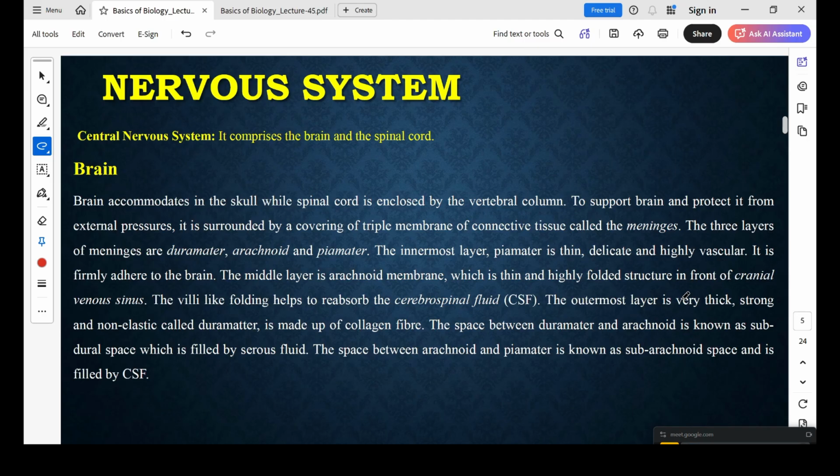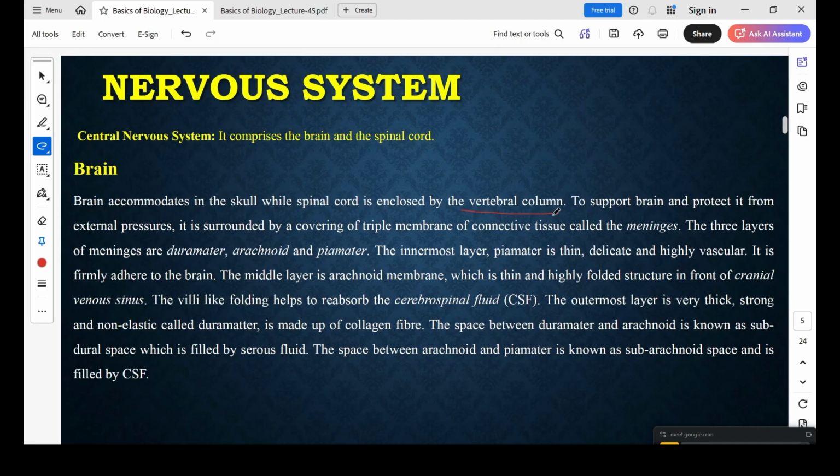And both of these organs are composed of very soft tissues, because of which they don't have much protection. If there is a direct hit done to any of these organ systems, it is going to be very disastrous. So both of these are protected by bony elements, which is skull for the brain, and for spinal cord it's the vertebral column.